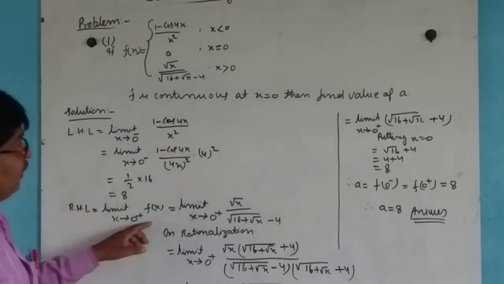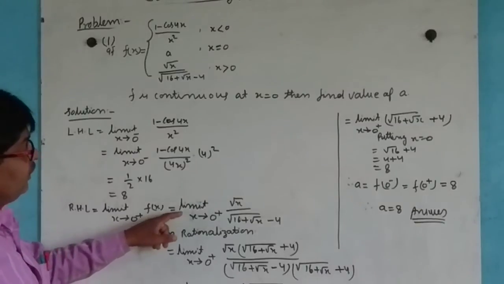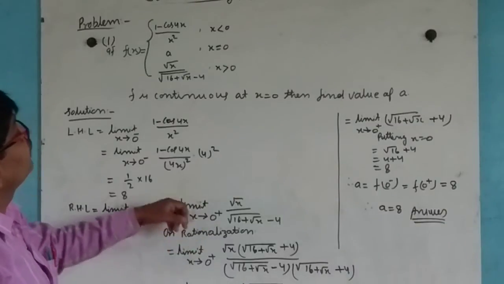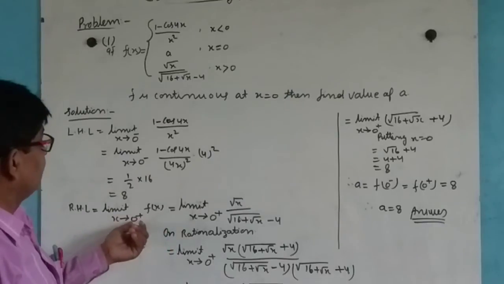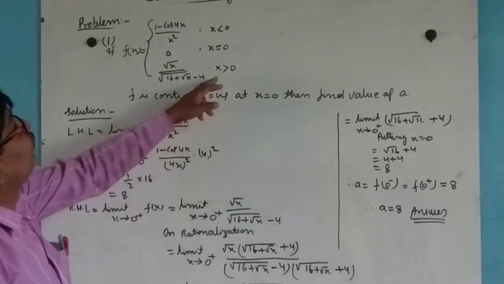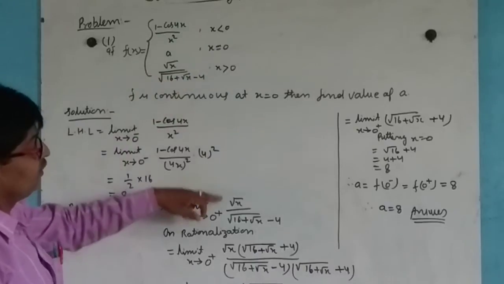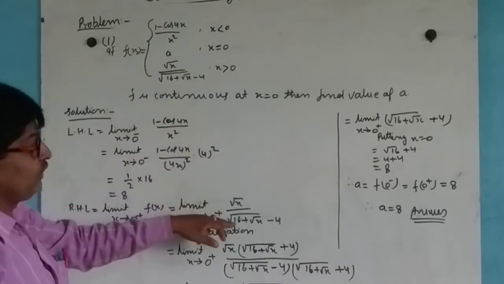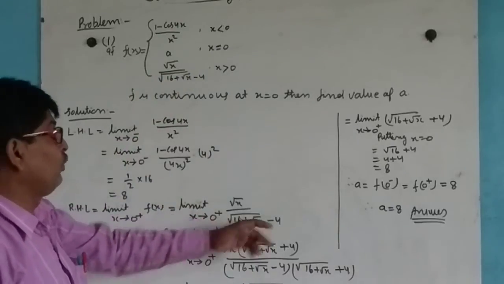And the right hand limit, x tends to 0 plus of f(x). For x greater than 0, we take √x divided by √(16 + √x) − 4.